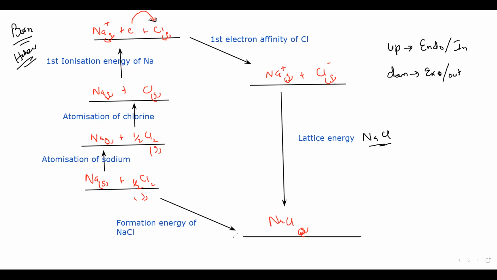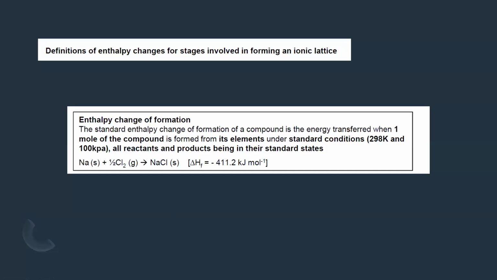So in the exam, normally they give this type of question. You have to either write the equation, or label the arrow, showing what change it is representing. So before that, you have to memorize these definitions as well.